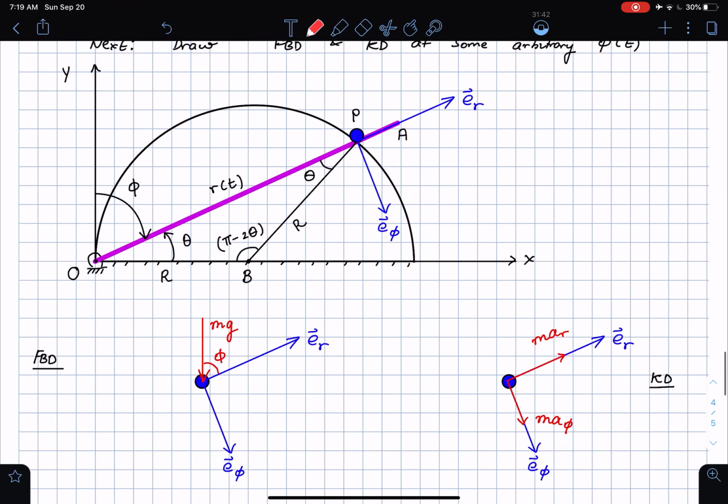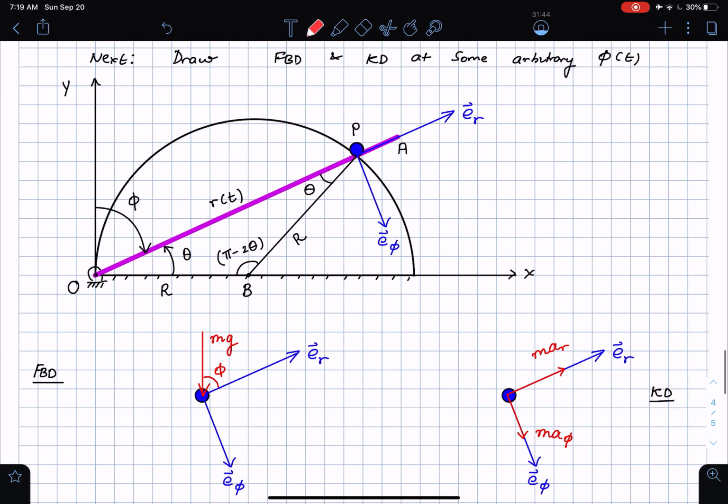If I draw a vertical line right on the particle P, I need to get rid of this guy and bring that particle P down here. If I draw a vertical line here, by basic geometry I can find out that this angle is also the angle phi, because I have two parallel lines and their corresponding angles.